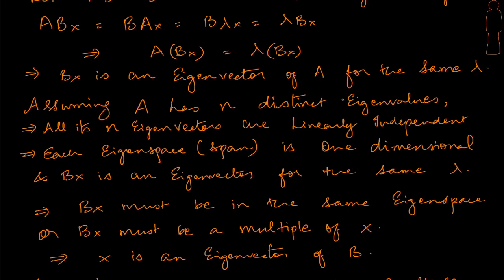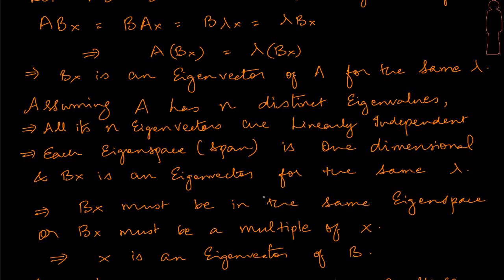But even when we don't have n linearly independent vectors, I'm sorry, that was a wrong statement to make. I should have said even when we don't have n distinct eigenvalues, still if we are able to have n eigenvectors that are linearly independent, we can prove the same fact as well.